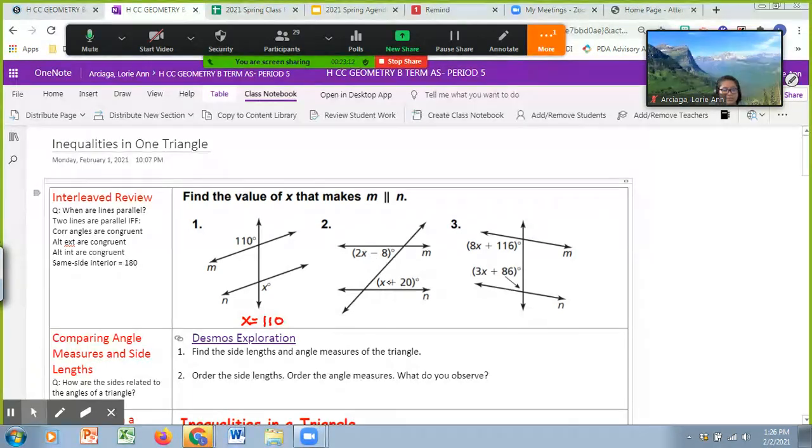So these are corresponding angles, right? So that means you have to solve for x by making them equal to each other. Can you take it from there? So what is x equal to? What is x equal to?